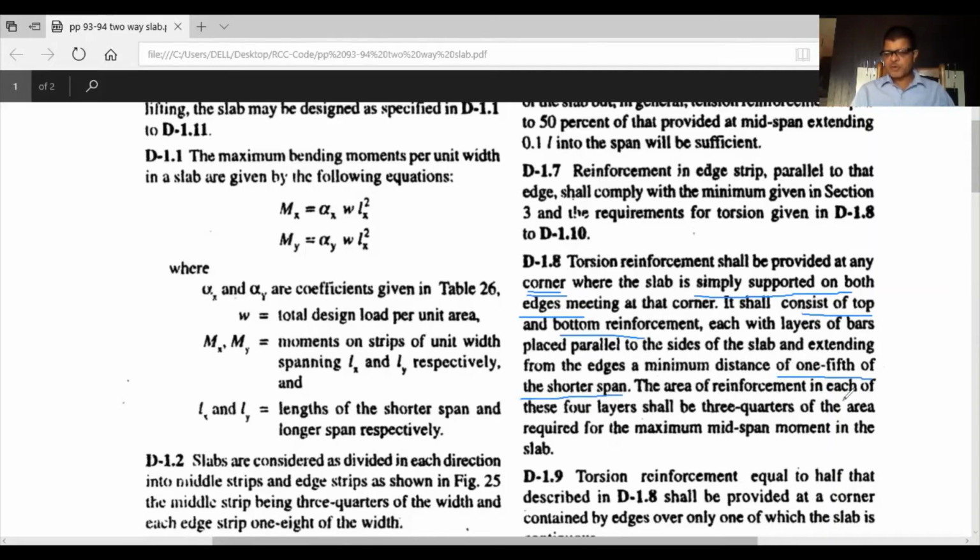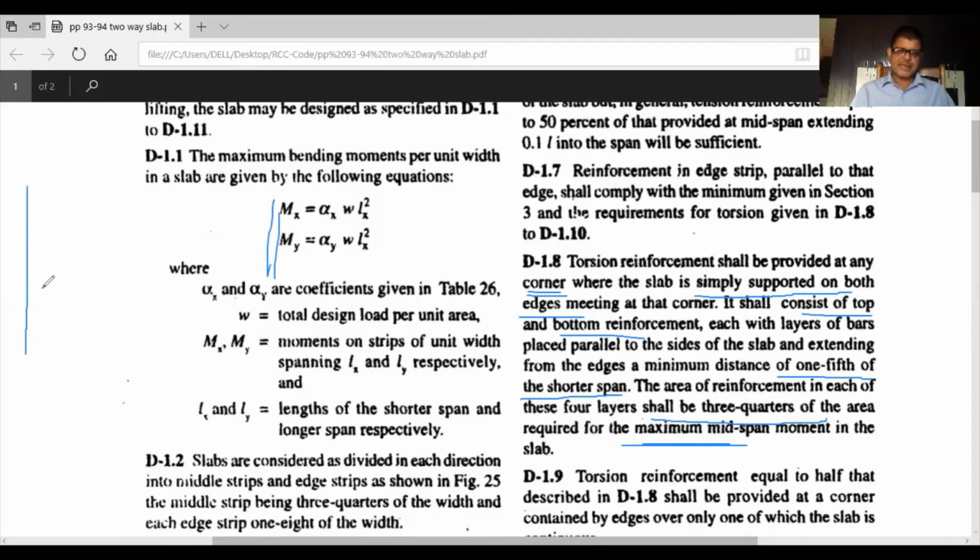And the area of the reinforcement in each of these four layers shall be 3/4 of the area required at the maximum mid span. So whatever area you have calculated at the mid span from this formula, 3/4 of that Ast maximum will be considered to be provided.